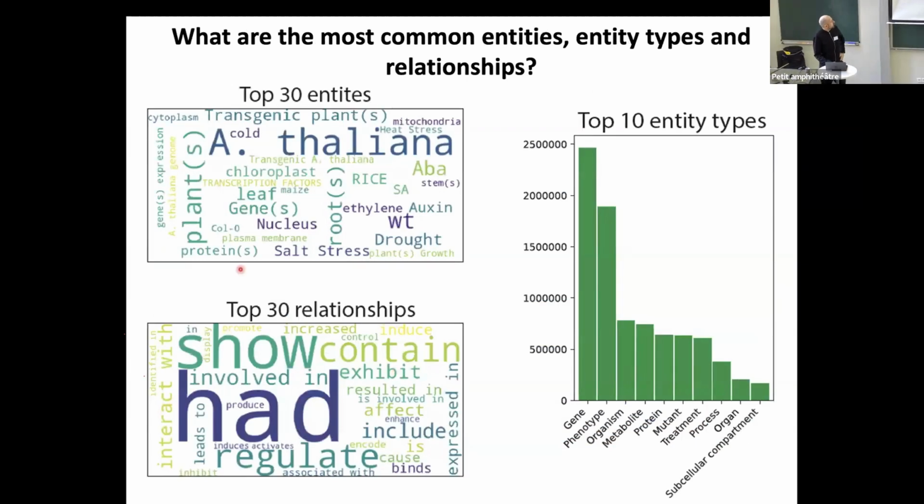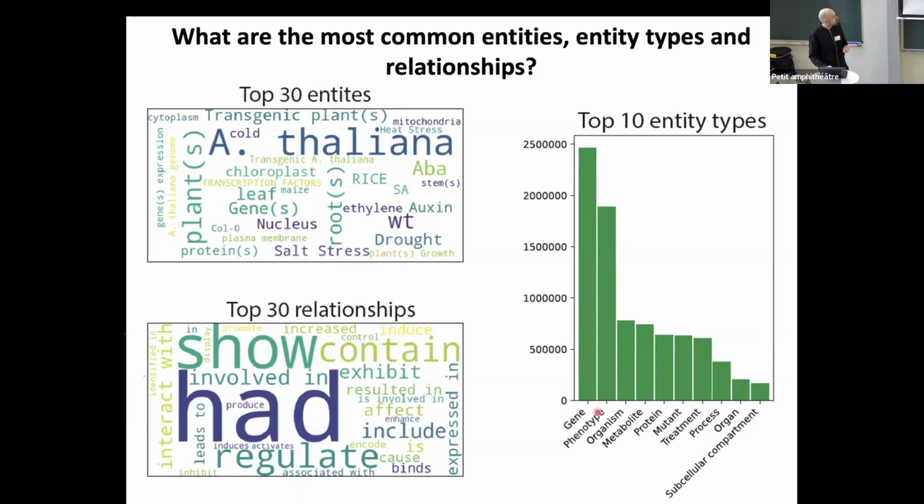So what are the most common entities among the 2 million entities that we found? Well, the most common one is Arabidopsis thaliana, because we were looking for Arabidopsis gene IDs, but we also see entities such as salt stress, drought, auxin, cold, and others. The most common relationships are has, show, contain, regulate and involved in.